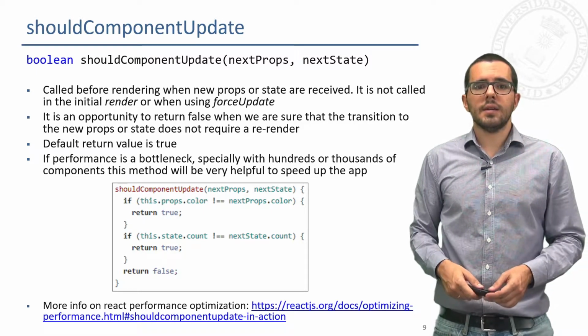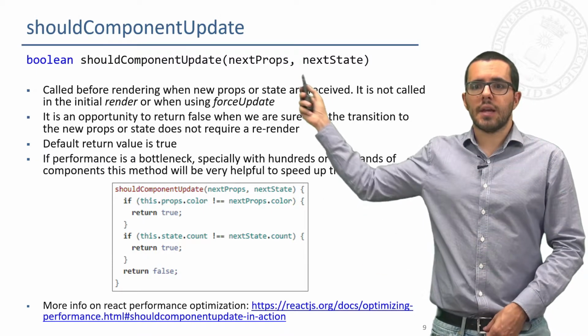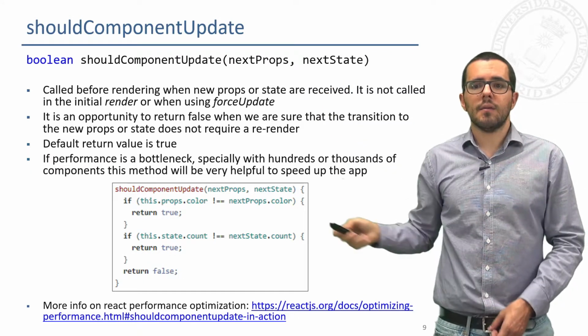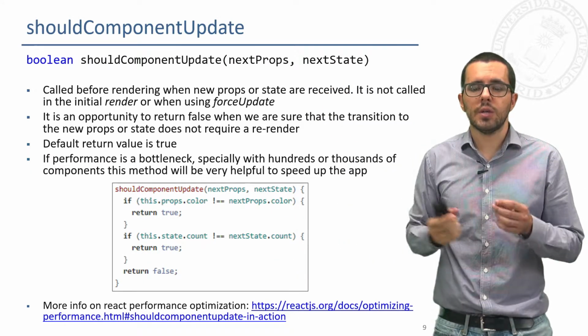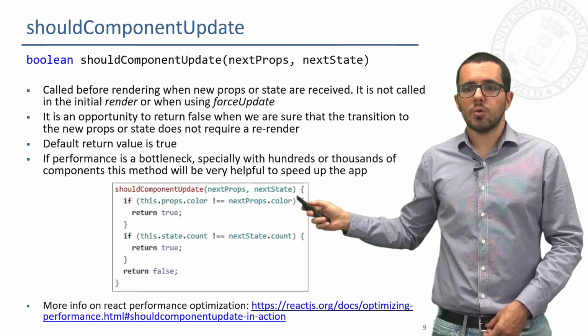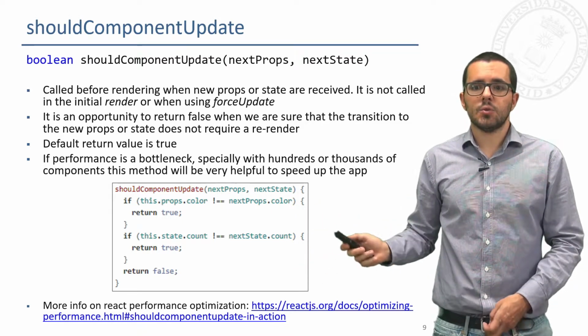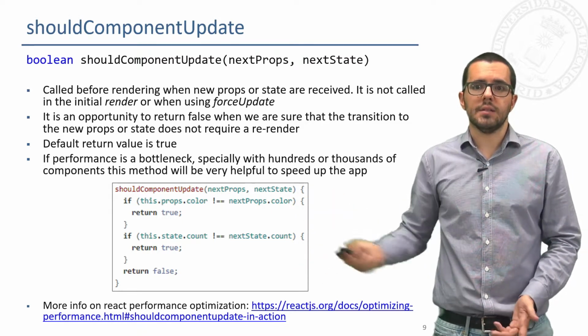shouldComponentUpdate is a method that receives nextProps and nextState and does some calculations, fine-tuning, just to return true or false, just to see if the component should be updated.